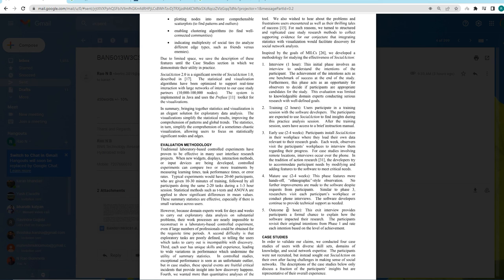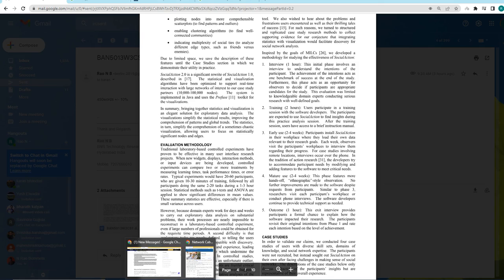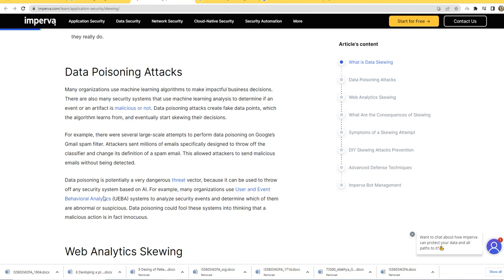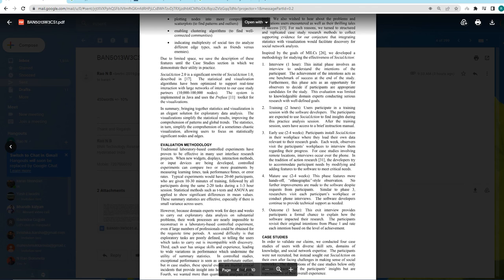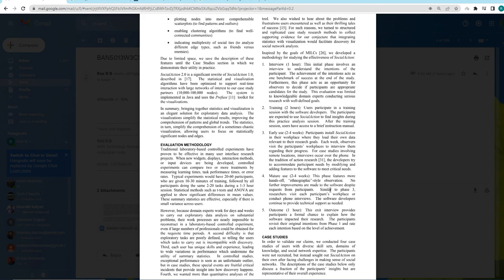Then you start briefing about what is meant by skewing using the article that will be shared with you, and explain that in this process of collecting data, Social Action 2.0 mostly relies on a website kind of structure.